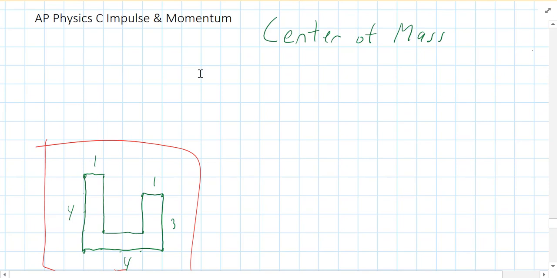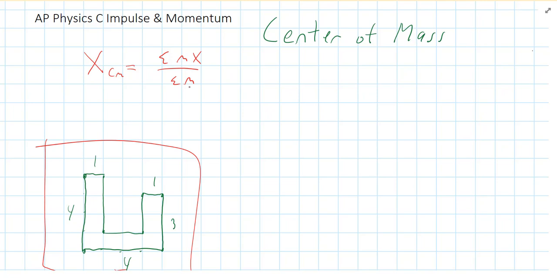Now, in order to calculate center of mass, in this object there's two: a horizontal x and a vertical y center of mass. The equation for that is x_cm is equal to the sum of the m x's over the sum of the m's. You may look at that equation and ask, don't the masses cancel? No, and when we do a few examples, you'll see they don't cancel.